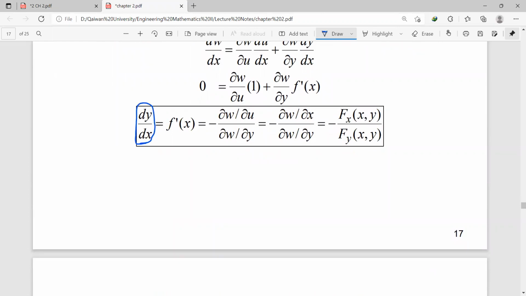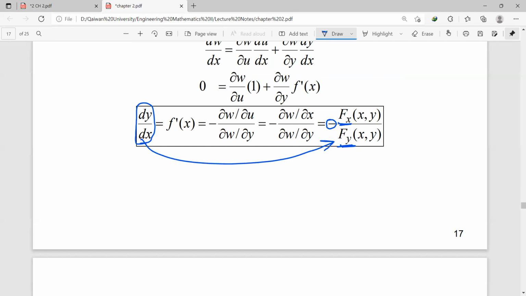If we have a function f of x, y, and we want to find dy by dx, the function is implicit. In the example, it will be much clearer. We say it equals capital F sub x divided by capital F sub y, with a negative sign. This is dy by dx.